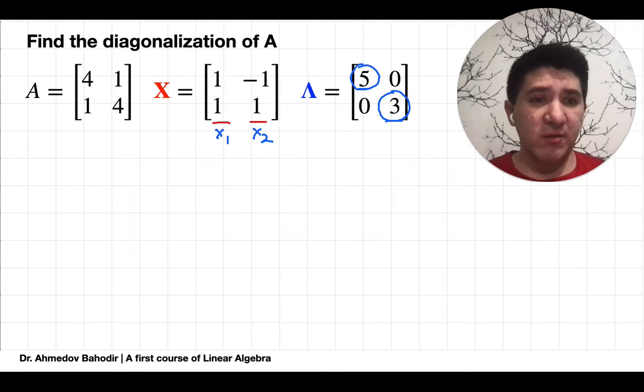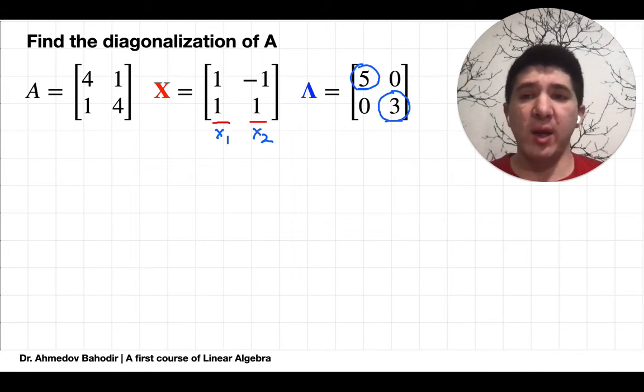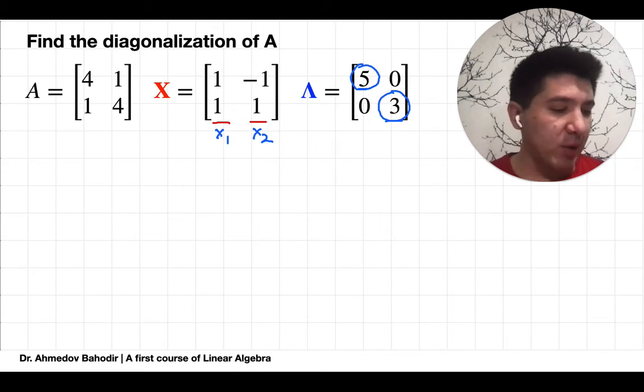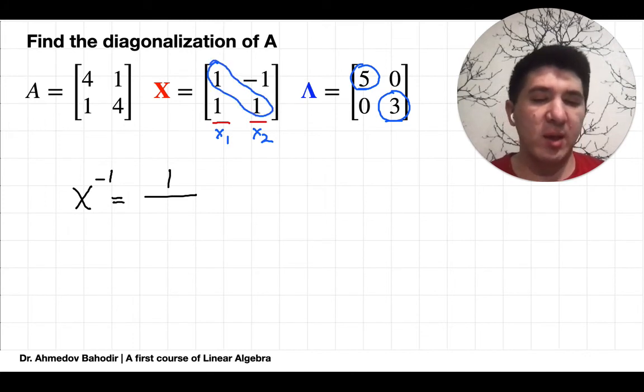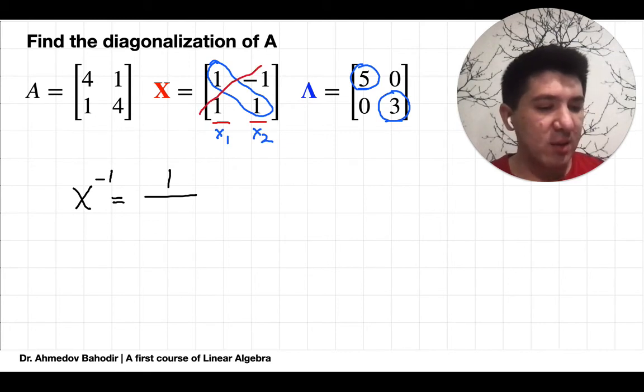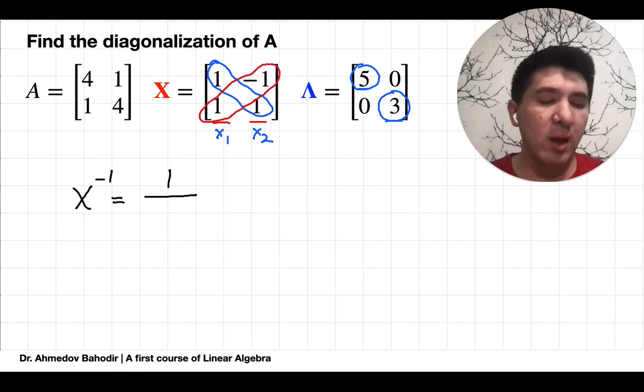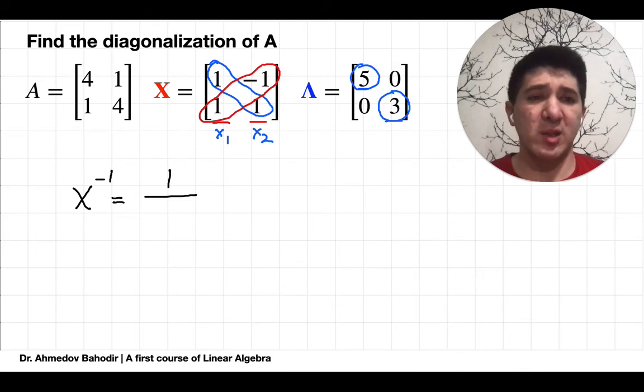So in order to find the full diagonalization of this matrix A, we need to find the inverse of X. I'm going to use the formula for the inverse of 2 by 2 matrices, which, if you remember, is 1 over the determinant of this matrix. So what's the determinant of X? It's the multiplication of the entries on the main diagonal, which is 1, minus the multiplication of the entries on the second diagonal, which is minus 1 times 1, which is minus 1.